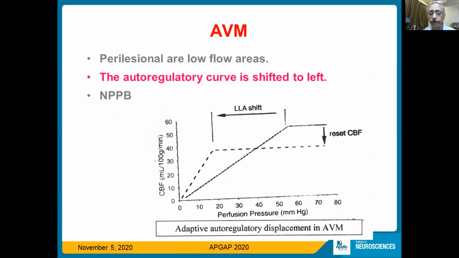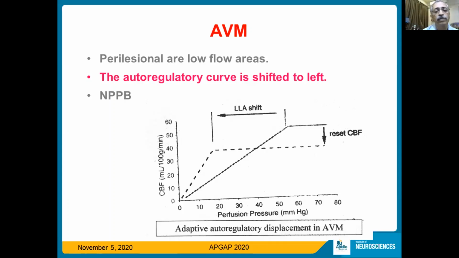With respect to AVM, this is one specific situation where, because the AVM is a low flow and low pressure conducting system, most of the flow happens through the AVM because of low pressure, and the surrounding areas become ischemic. Once the AVM is resected, the surrounding areas, which are maximally dilated because of chronic ischemia, can no longer take the sudden increase in flow. That is what we call normal perfusion pressure breakthrough.